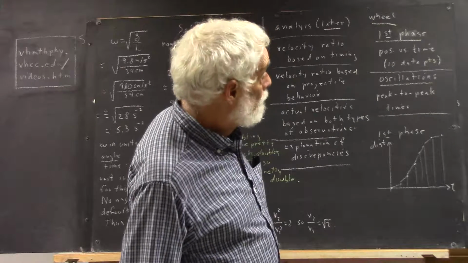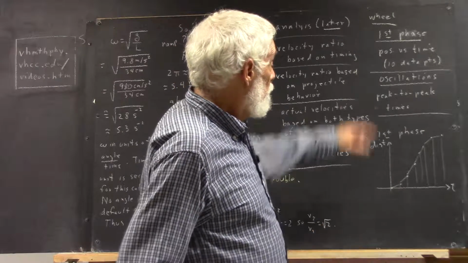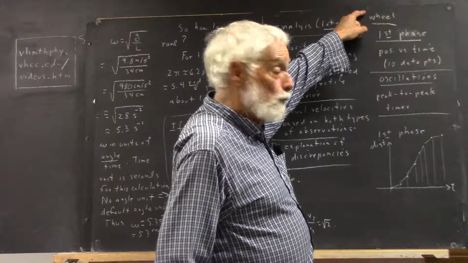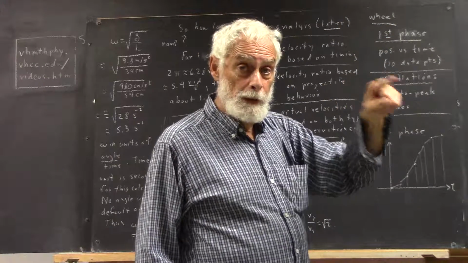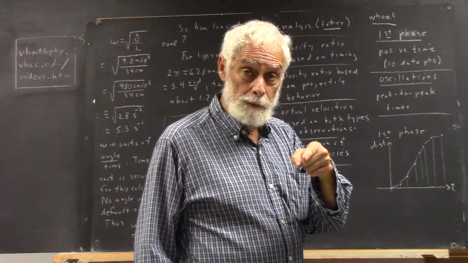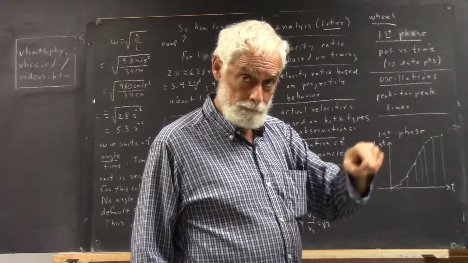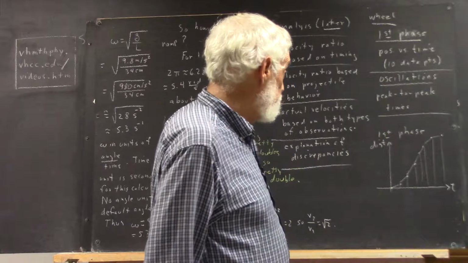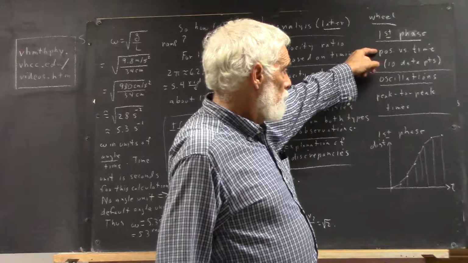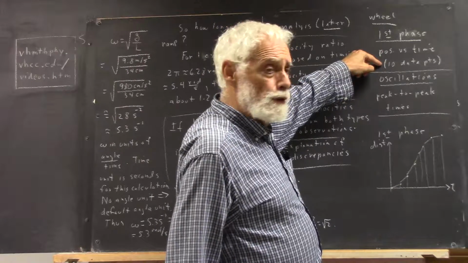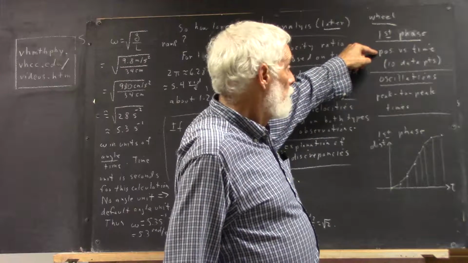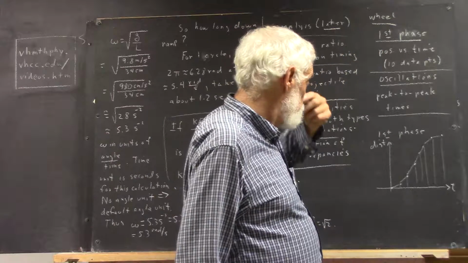Then we wanted to do an analysis for the first phase of the motion of the wheel, first phase being from here around to the time it comes to rest before continuing to oscillate. Wanted everybody to get at least 10 good data points for position versus time. Okay.